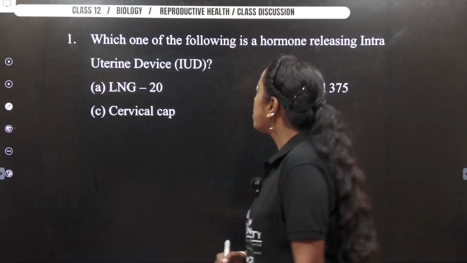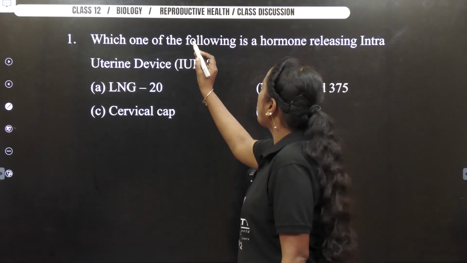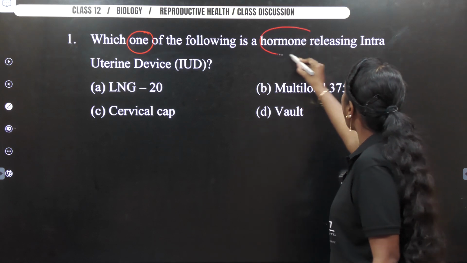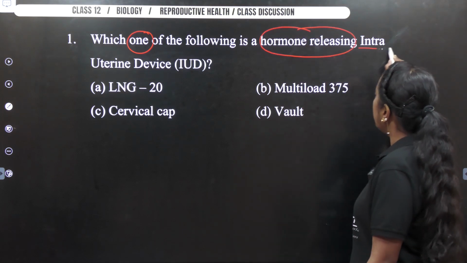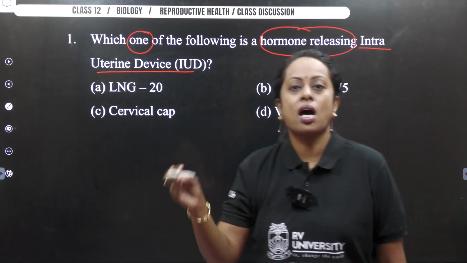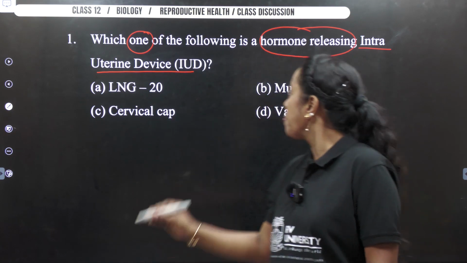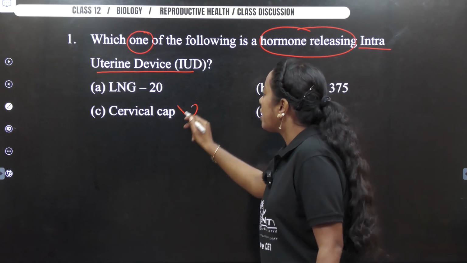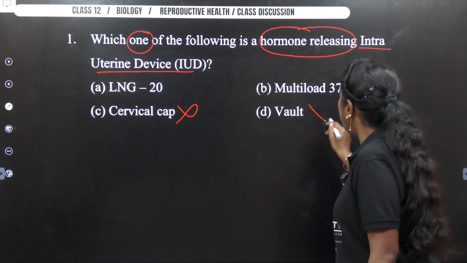Our first question is, which one of the following is a hormone releasing intrauterine device? So IUDs are used by females. Now, in the given options, it cannot be cervical cap, it cannot be vault.